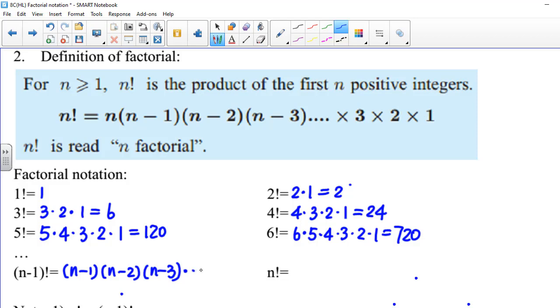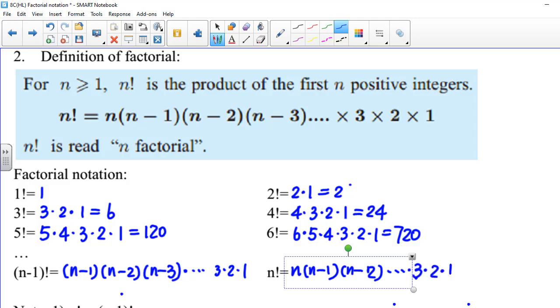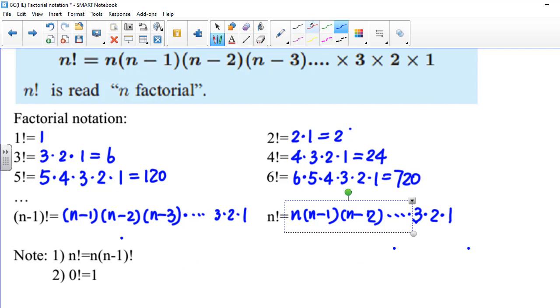So I just decrease every single number by 1 all the way down to 3 times 2 times 1. N factorial starts with n, decreases by 1, then another 1, all the way to multiplying by 3 times 2 times 1. And a note: n factorial equals n times n minus 1 factorial.